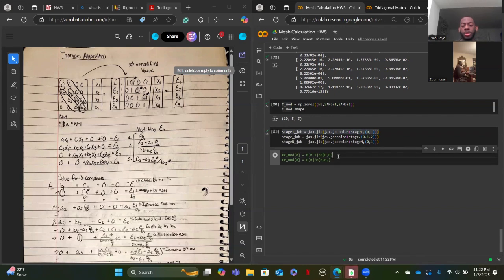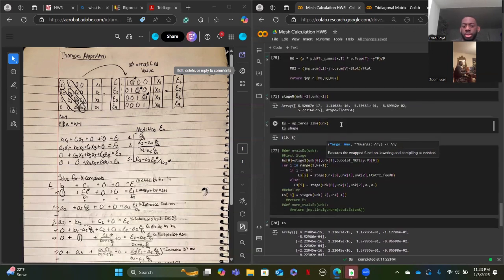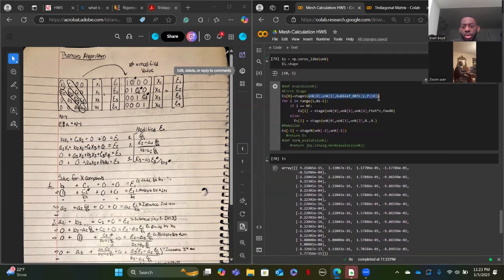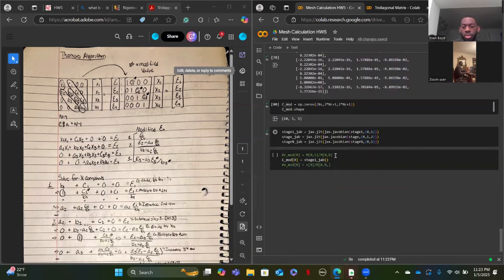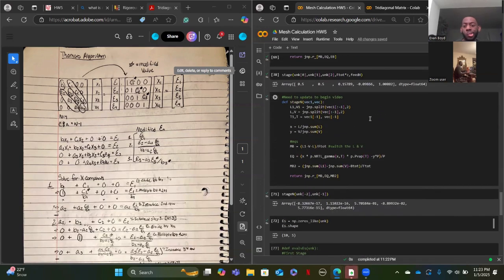So what we would need to do is, for our CMOD at the first column, we will say that at stage one, as a Jacobian, all we have to do now is import our equations to pull our equations from up here.